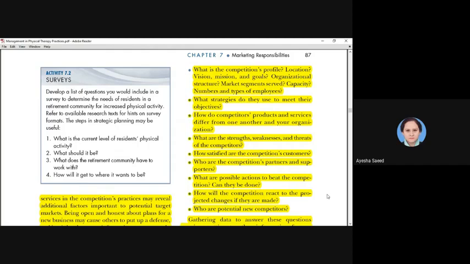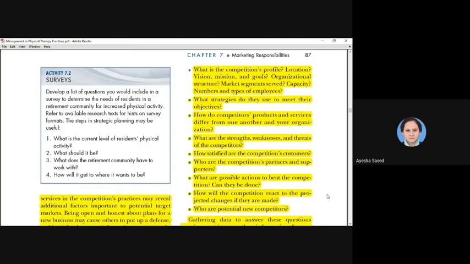What strategies do they use to meet their objectives? How do competitors' products and services differ from one another and your organization? What are the strengths, weaknesses, and threats of the competitors? How satisfied are the competition's customers? Who are the competition's partners and supporters?